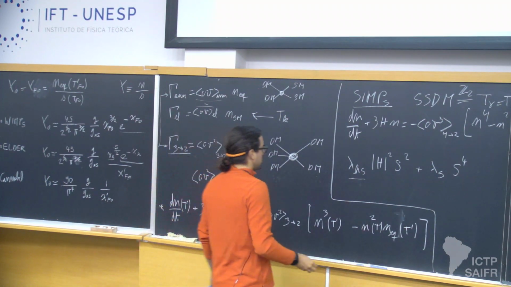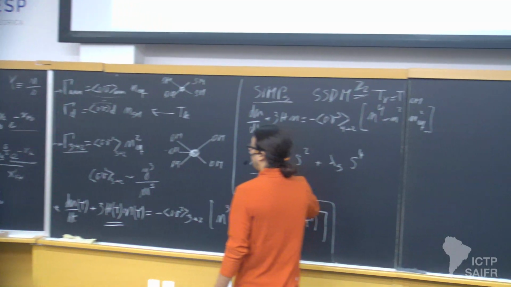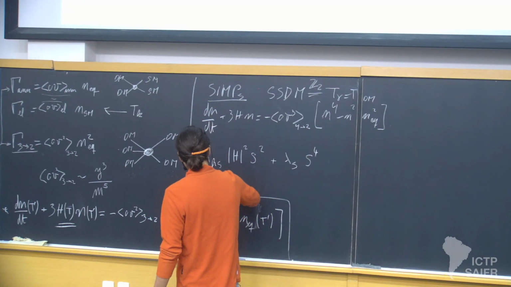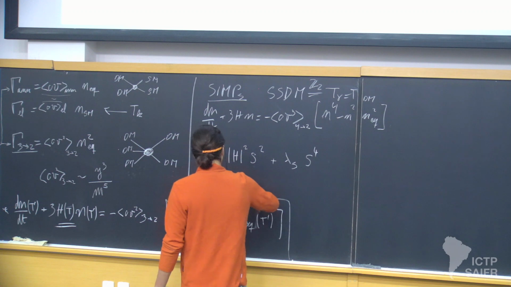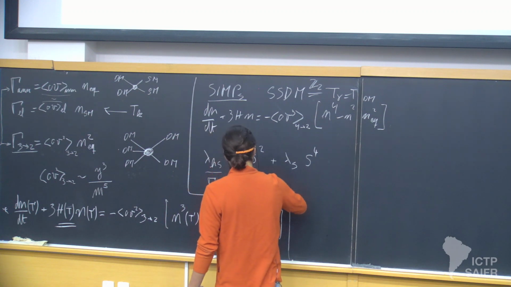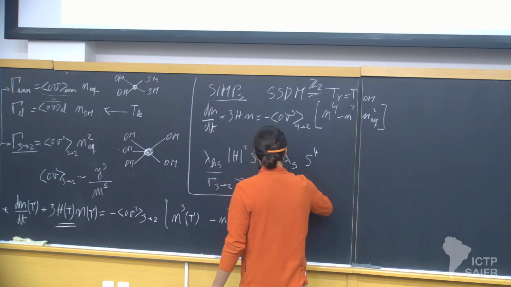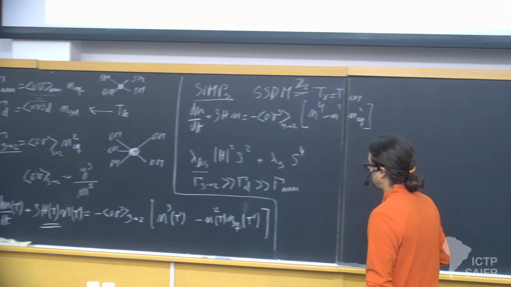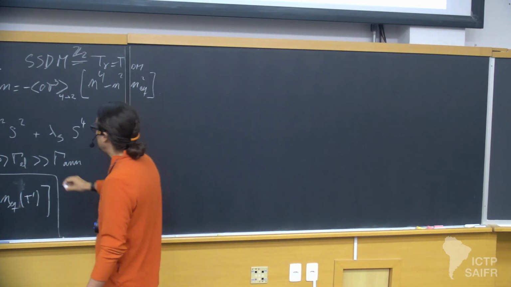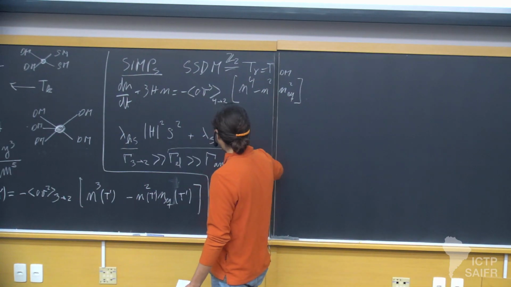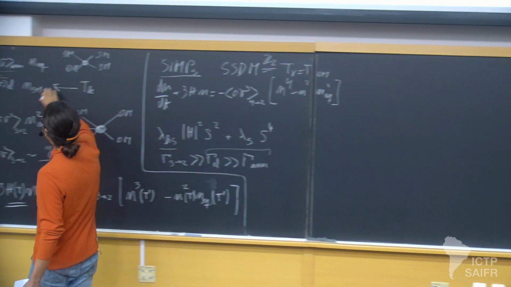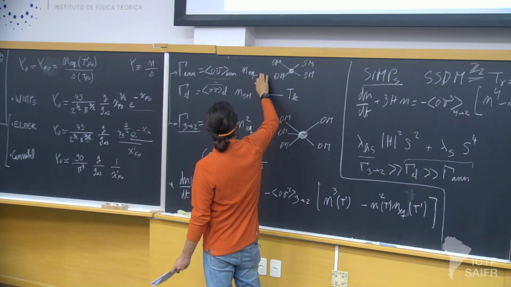For SIMPs, let me put it again: we want this Gamma 3-to-2 to be much bigger than Gamma elastic annihilation. You always have this hierarchy because of number densities. One is Boltzmann suppressed and the other is not.